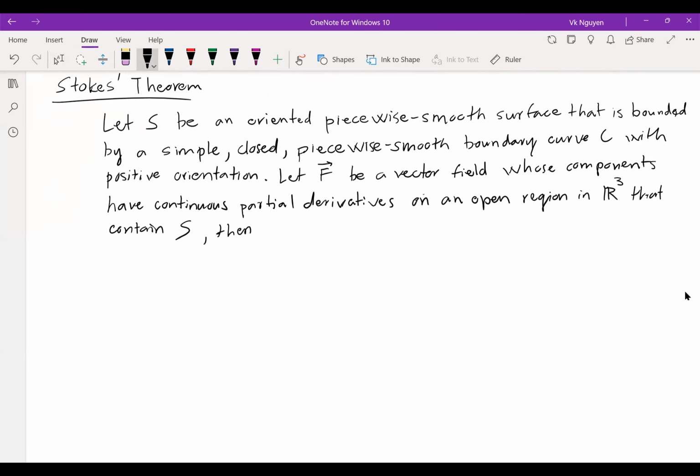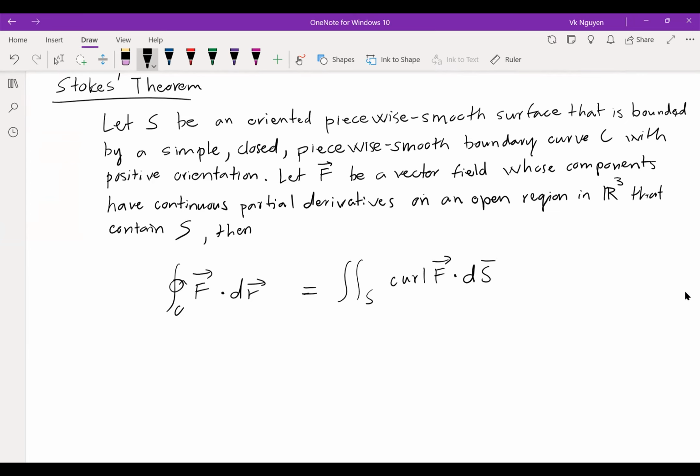The integral over C of F dot dr, the line integral, which you can know as the circulation, is equal to the double integral over S of curl F dot dS.